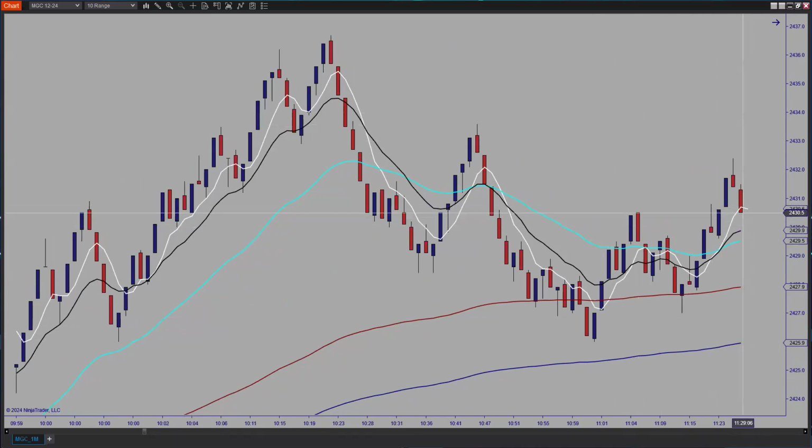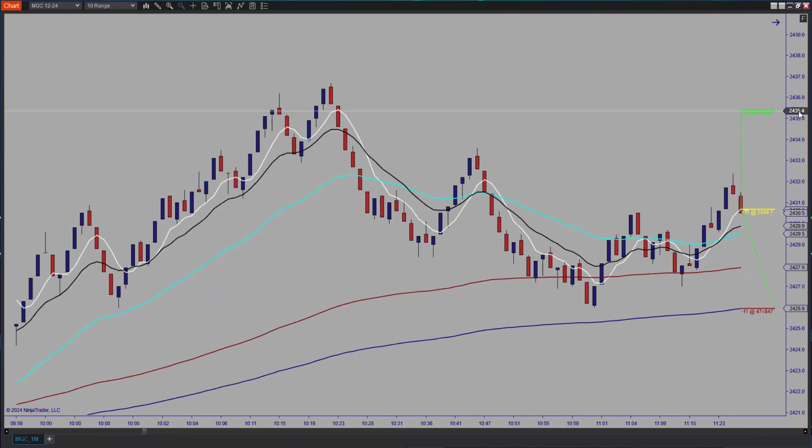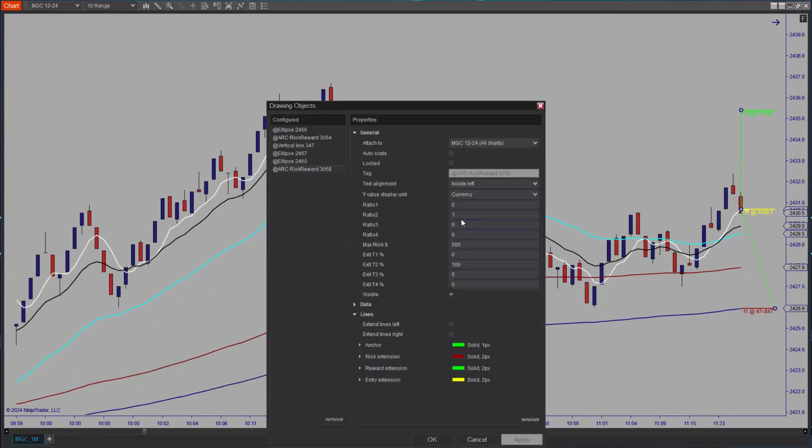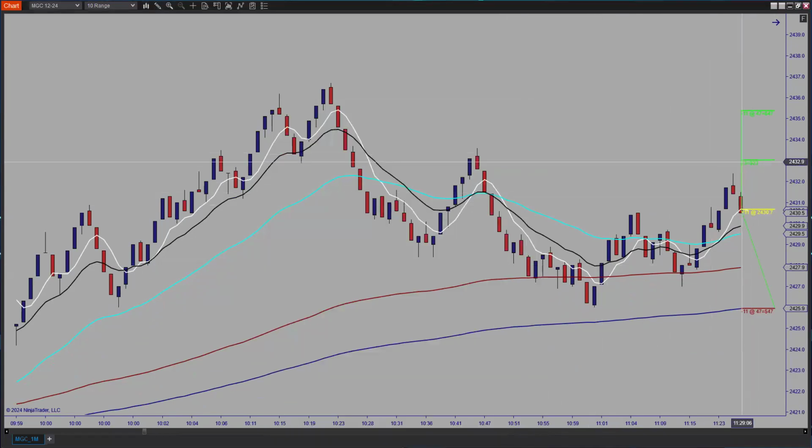Okay, so let's plot it out. There's our entry. Stop goes below the low or the 233, whichever's closer. So it's going to be 47 ticks right there. So if we look at this, 0.5 is going to be right here.